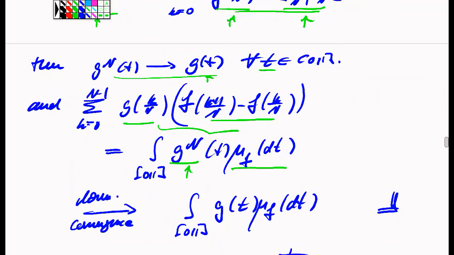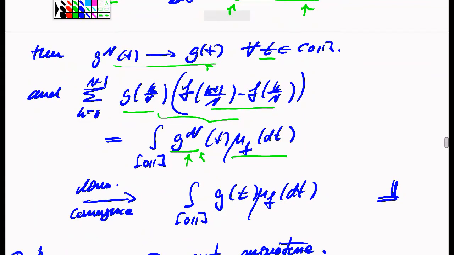So therefore this finite sum can be written as a full integral involving the Lebesgue-Stieltjes measure of f, where the function to be integrated is this piecewise constant step function.